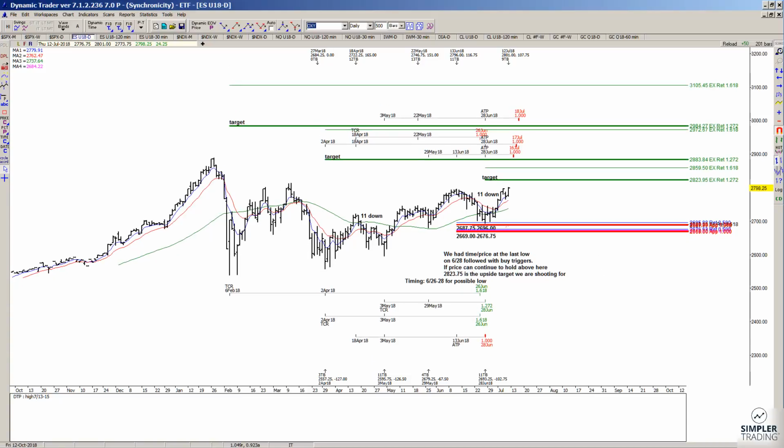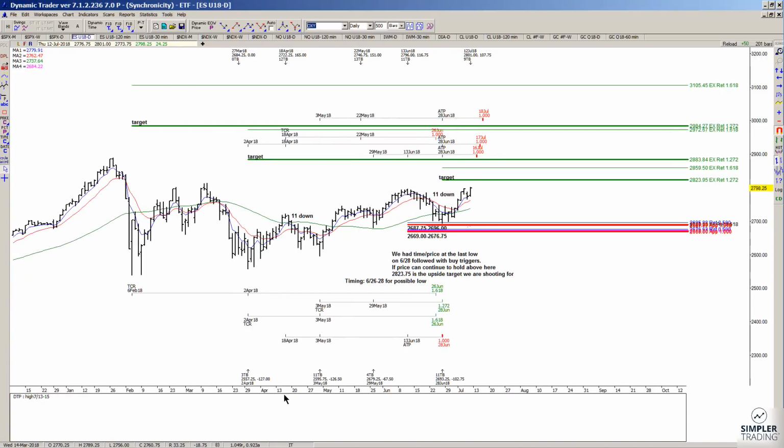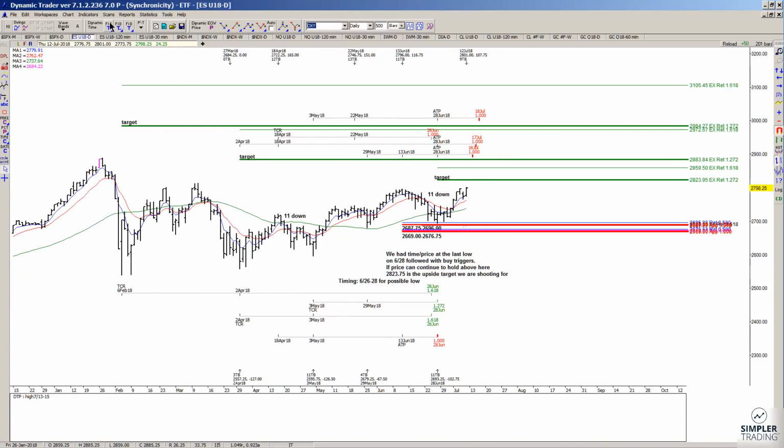Now that's just from the alternate time projections, from taking these prior rally swings and then projecting them from this low. Then we would also want to look at some of the other swings. So for example, taking a prior high to high and see if that comes in anywhere soon.